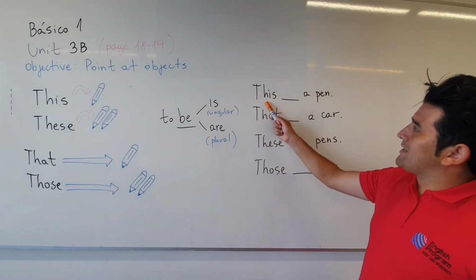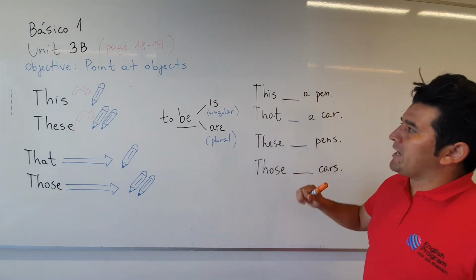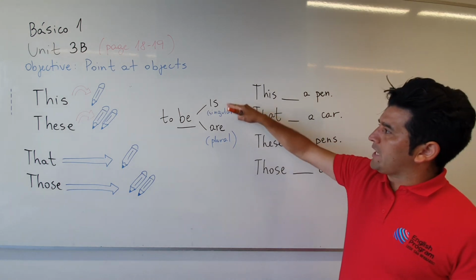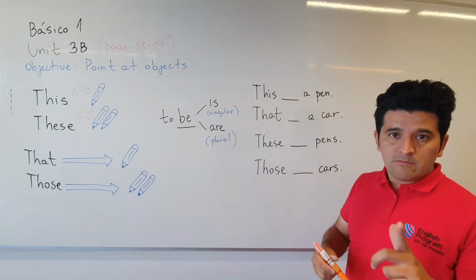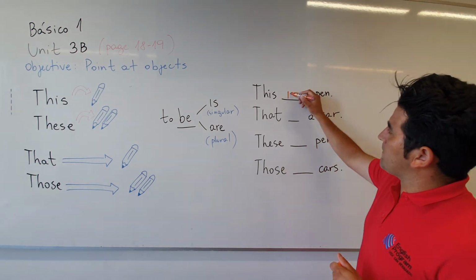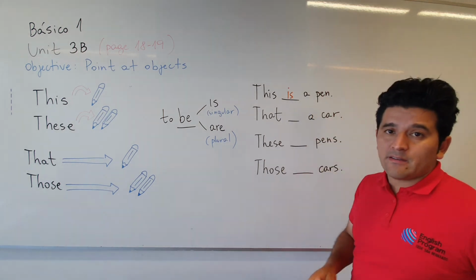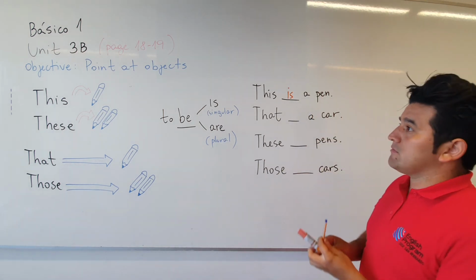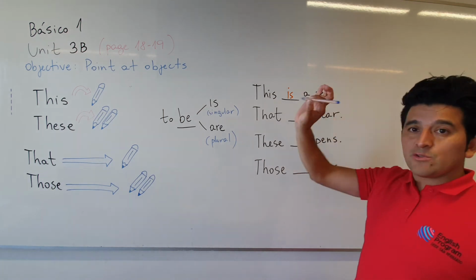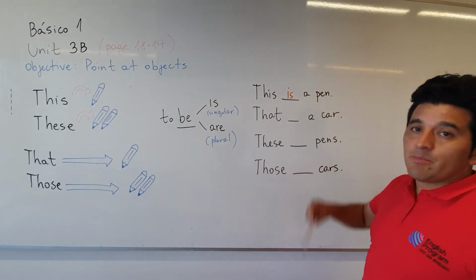So in this case, if I say this, a pen, which one is singular, is or are? Of course, so we say, this is a pen. Esta es una lapicera, this is a pen.